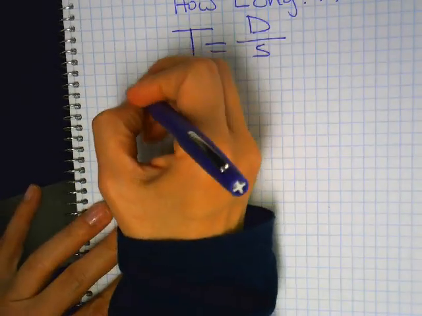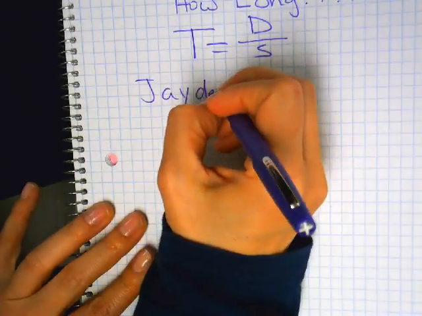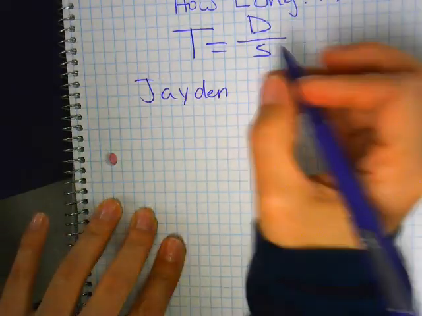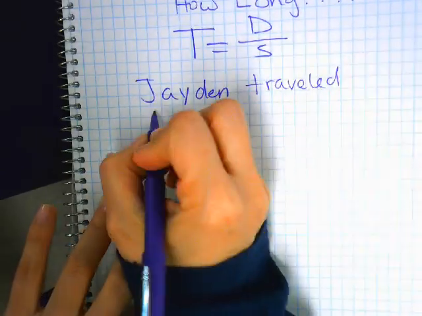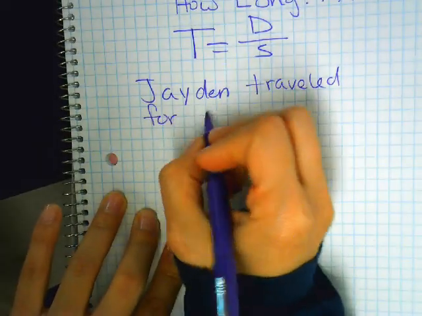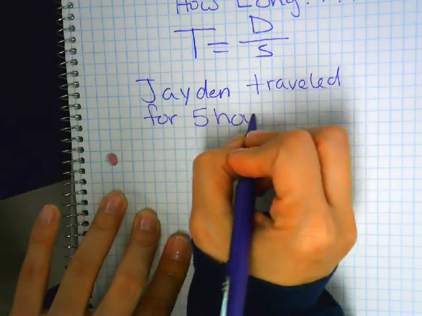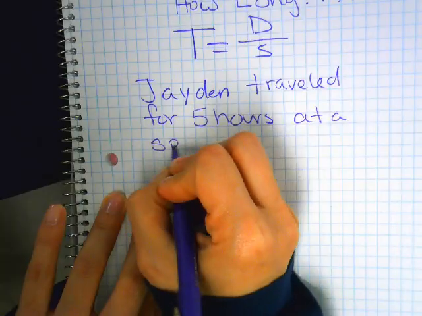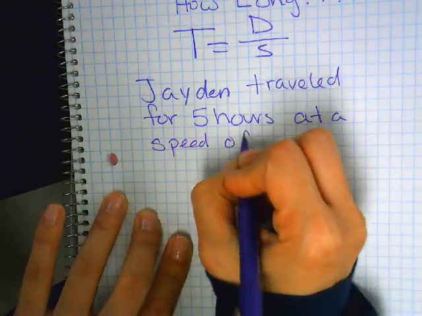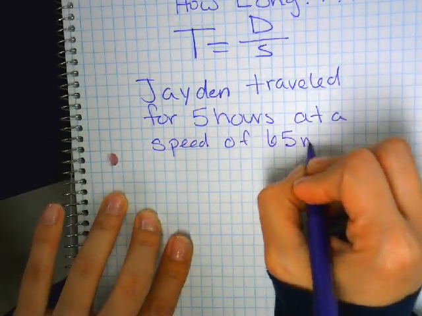Jaden traveled for 5 hours at a speed of 65 miles per hour.